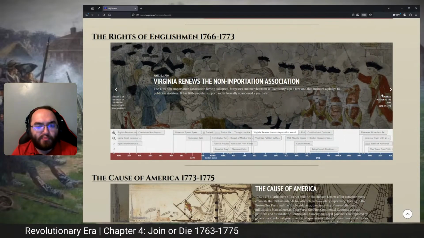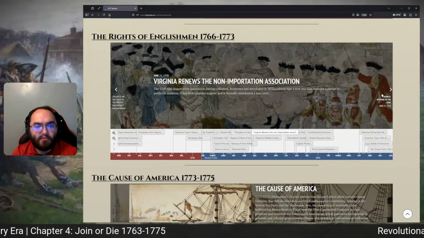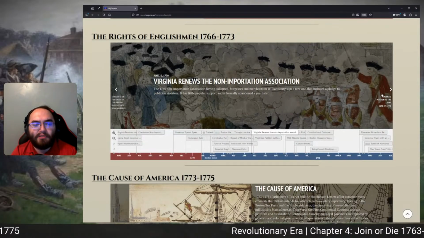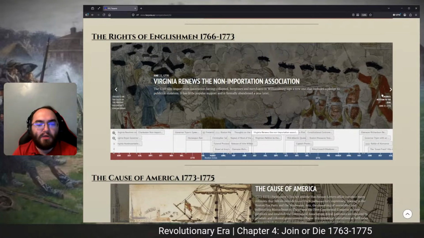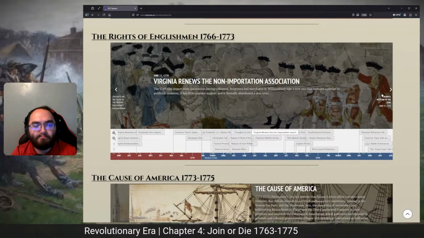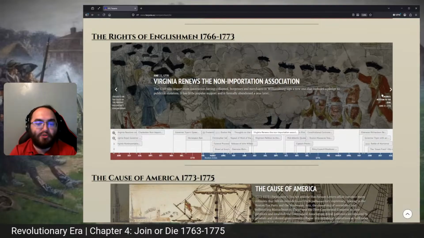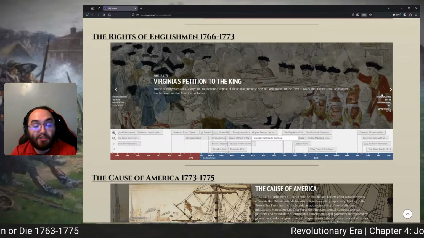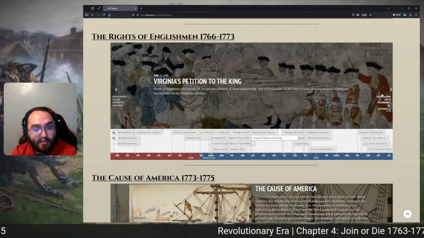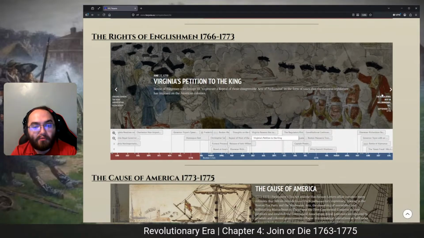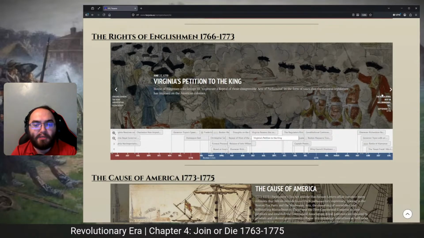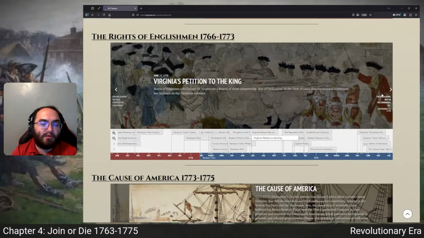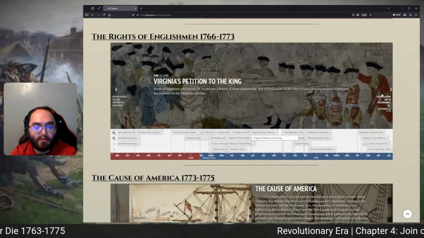Again, the non-importation agreements are for a year and have to be renewed, and so this is just the renewal of the Non-Importation Association of Virginia. Virginia will send a petition to the king to procure a repeal of those disagreeable acts of Parliament in the form of taxes that the national legislature has imposed on the American colonies, that is, Parliament.